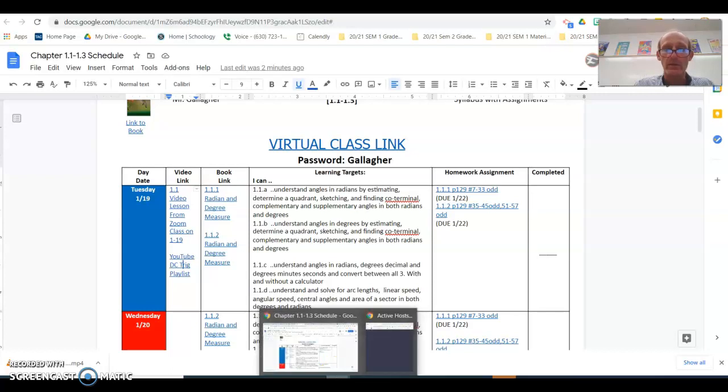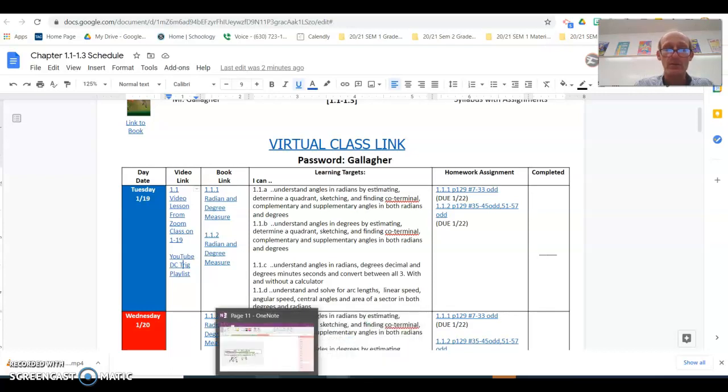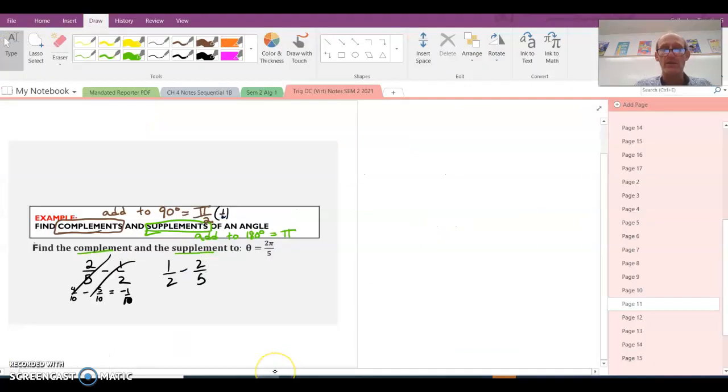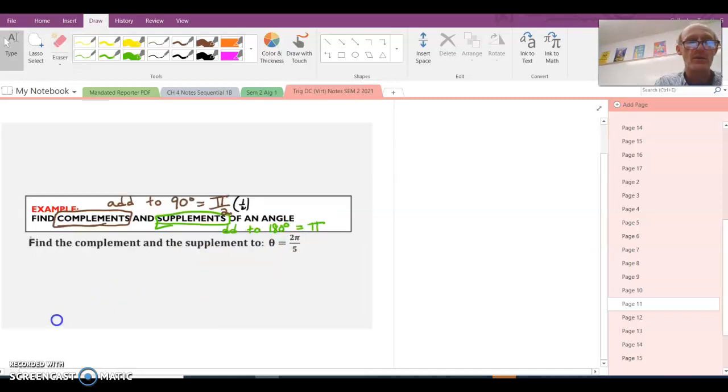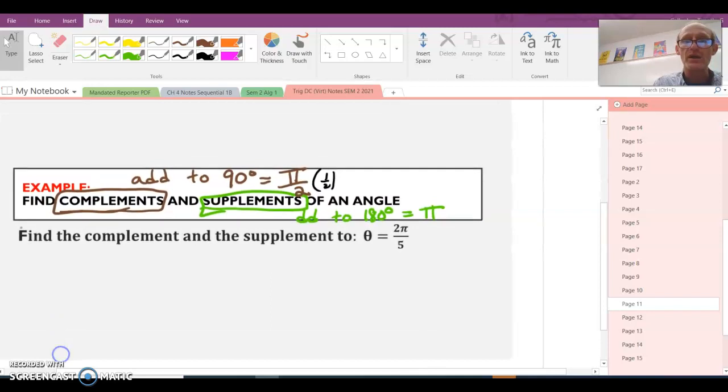The first thing we're going to do is take a look at complements and supplements again. Let's look at this example one more time, where we have to find the complement and supplement of 2 pi over 5. So the angle theta equals 2 pi over 5.